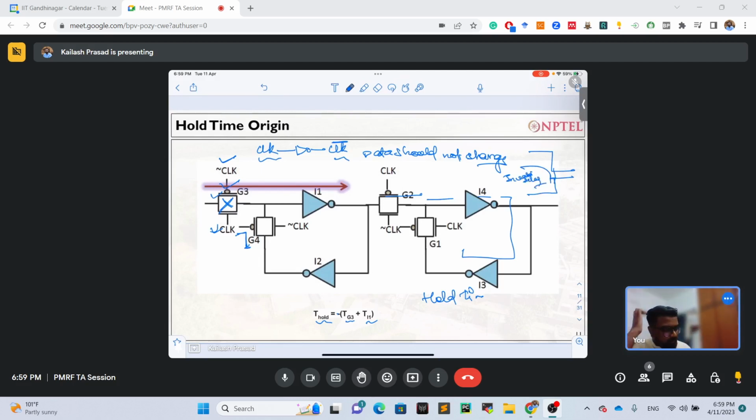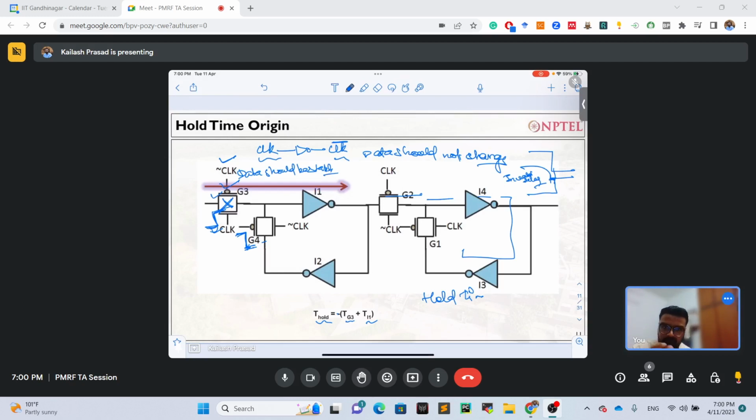So you have to take care that although I have made this go down, here it has to go up. And until it goes up, for this much time the data should be stable. In that manner, the hold time violation can be avoided.